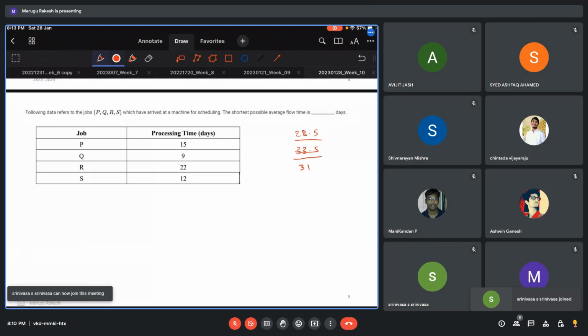So see this keyword: shortest possible average flow time.